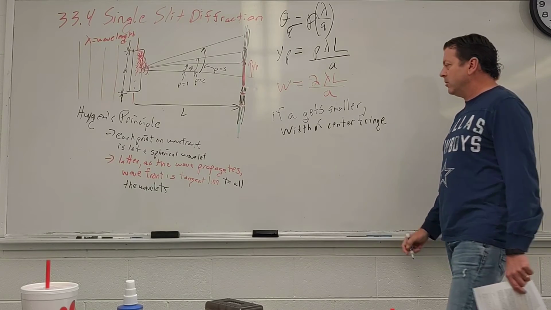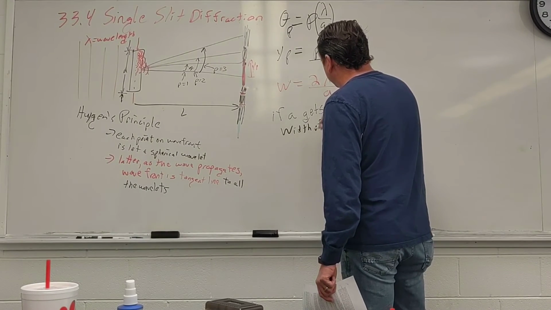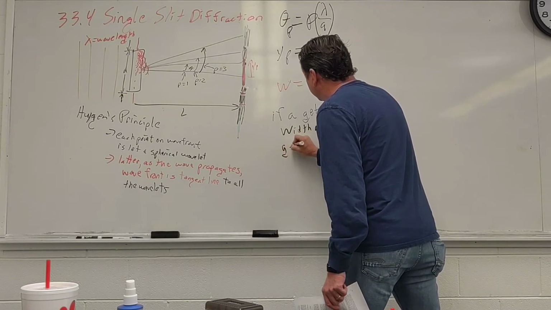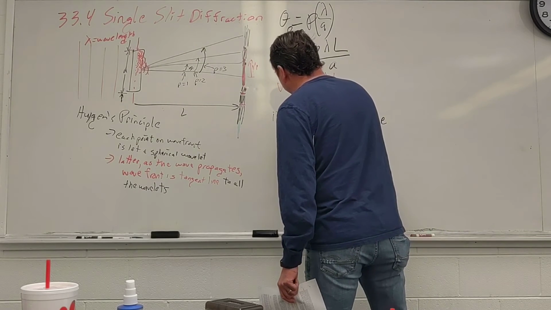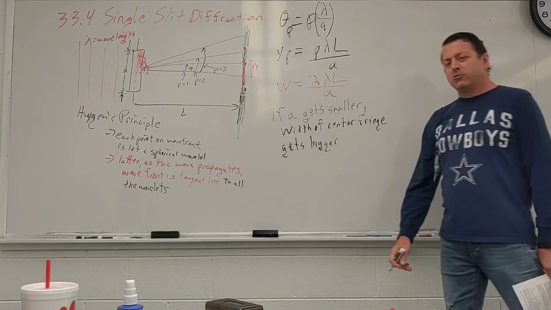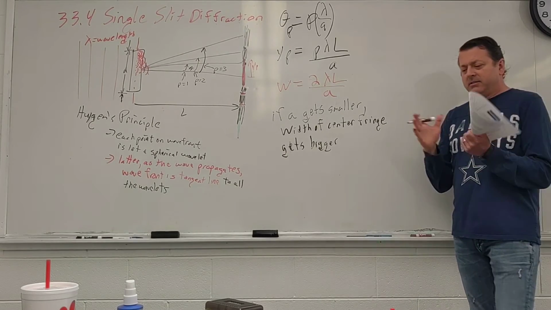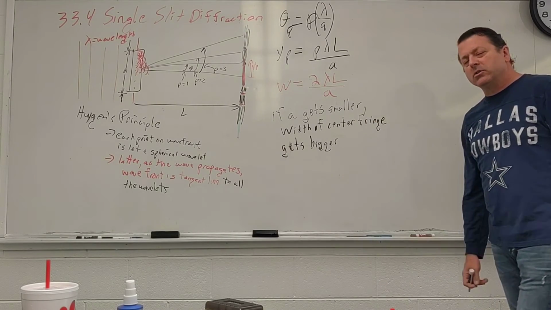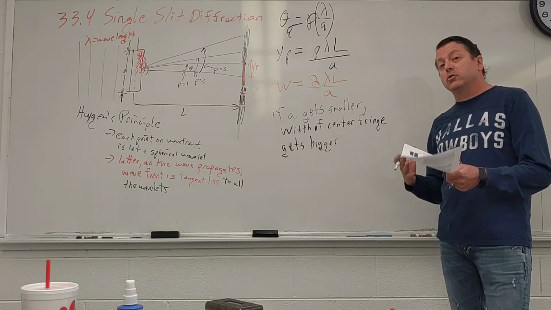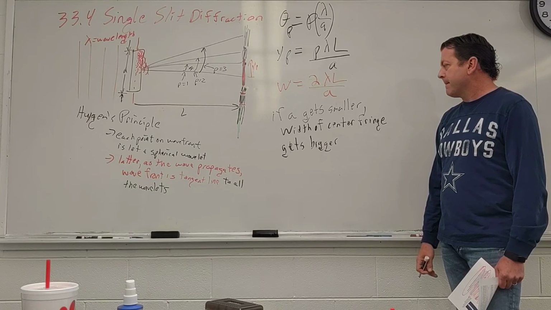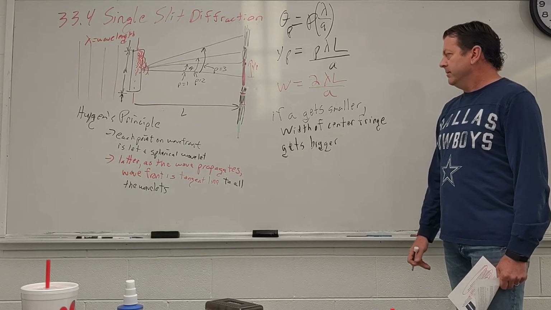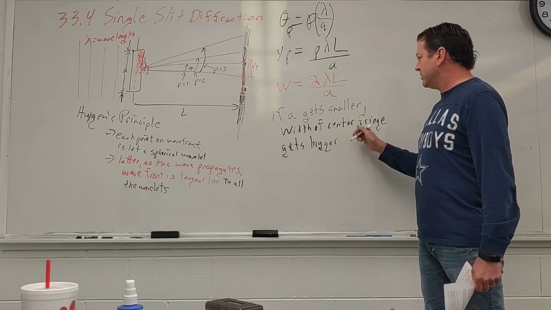The width of that center fringe gets bigger. So you see a greater diffraction effect as that gap gets smaller and smaller, and you basically get closer to the wavelength of light itself. That's important. As a gets smaller, the width of the center fringe increases.